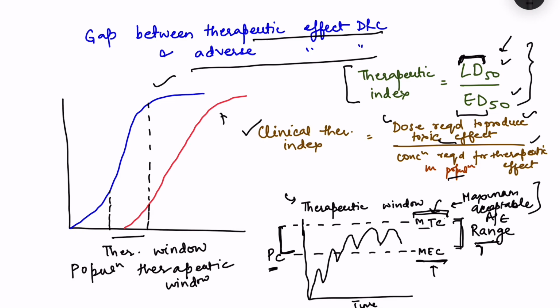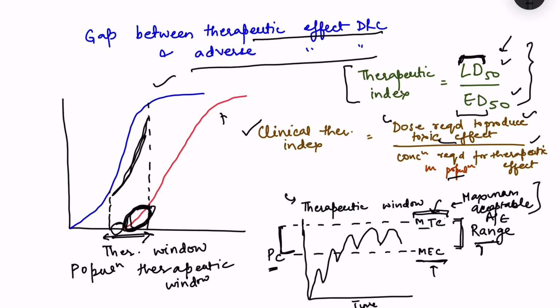So if we see this dose range in the graph, there will be maximum therapeutic effect, but you see here that some percentage of population will also start getting the adverse effect. Here some population may not get it, but some population may also start getting the adverse effect.